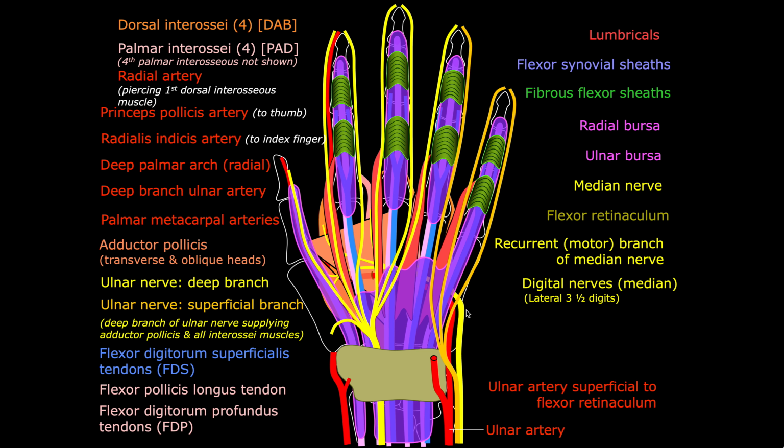Deep branch is primarily muscular, and the superficial branch is primarily sensory, and it is doing its job here. 1.5 digits have been innervated, the cutaneous supplies. Are we good?